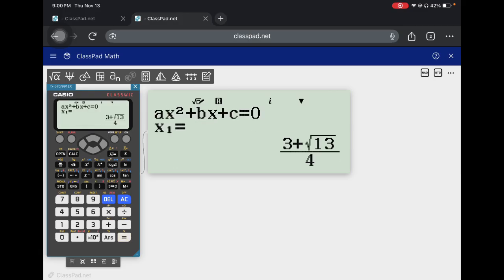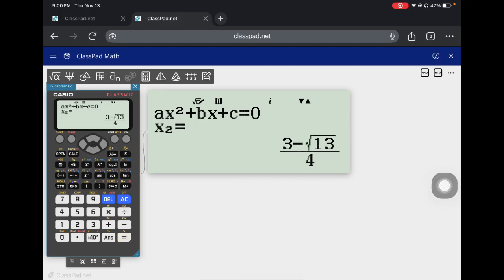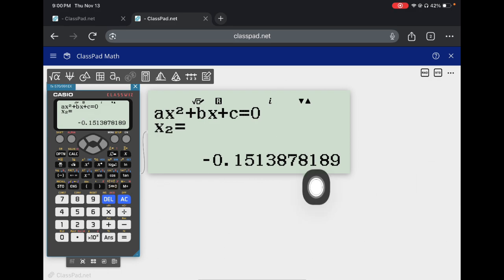Okay, so your answer is in the surd form, but the question mentioned decimal, right? So press equal, press this one, SD. The answer to 3 decimal places is 1.651. This is one of the answers. Another one, you can press one more time of the equal sign, then SD. So another answer is negative 0.151.